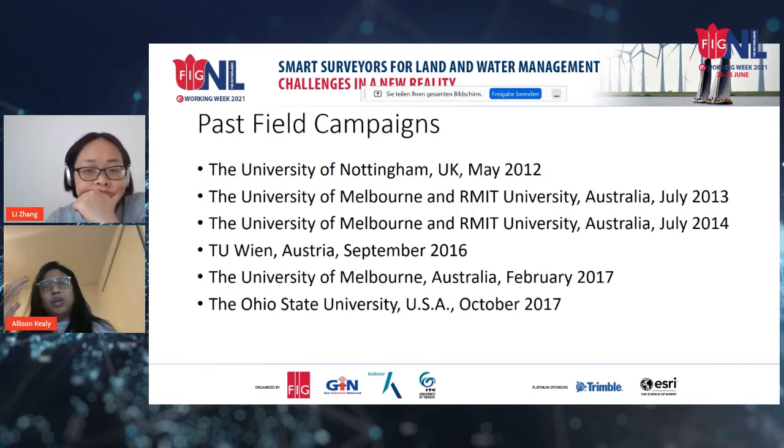and ultimately this collaborative approach. We started this in 2012, where we had the first campaign in Nottingham, and we had one in 2017 at Ohio State University. We had a couple scheduled for last year and this year, in the US, in Australia and in Vienna. Due to COVID, we've put those on hold and started focusing more on how we build the algorithms and strategies for handling three things.